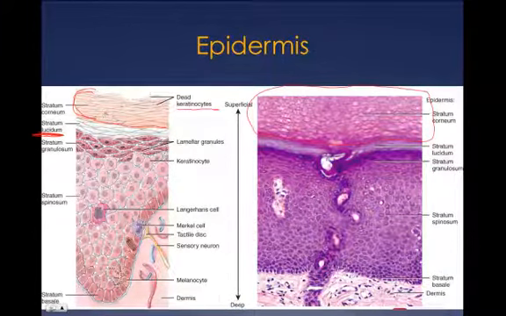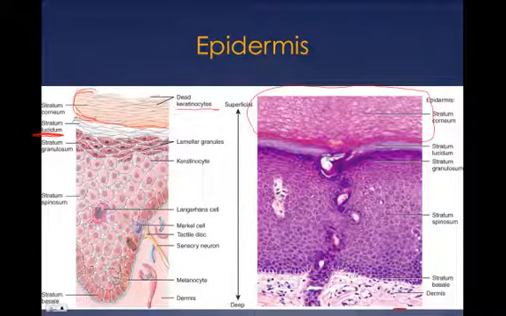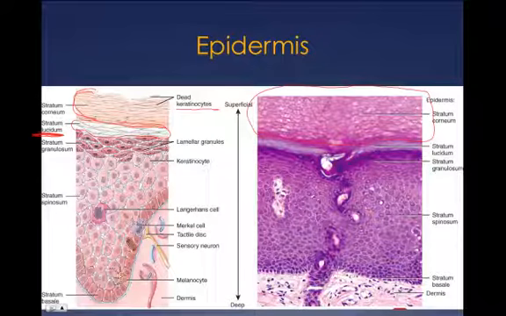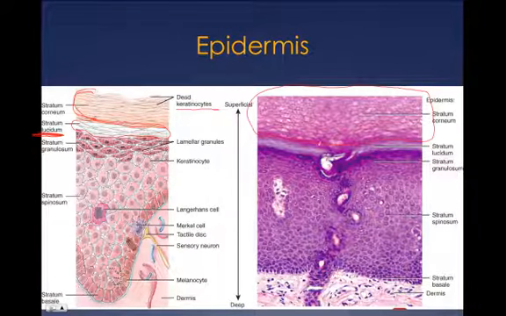Below that layer, again, in places like our palms and the soles of our feet, we're going to see we have this layer called the stratum lucidum, okay? And so here's the stratum lucidum right here. And again, we're only going to see this layer in these thick-skinned areas, palms of our hands, soles of our feet.